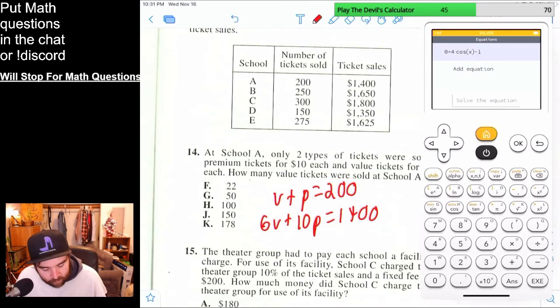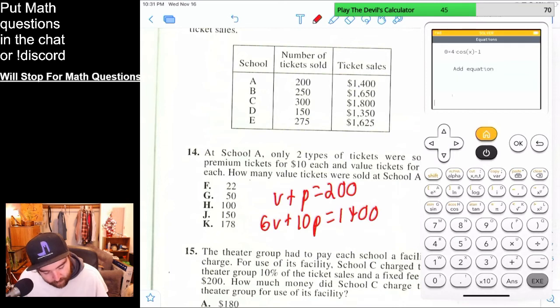So if you got NumWorks, which you should have, even though they don't sponsor me for some reason, if you go to... How do you clear equations? I'm trying to do shift, clear. Here, shift, clear. There we go. So we're going to type in x plus, we don't need to use all the different variables.